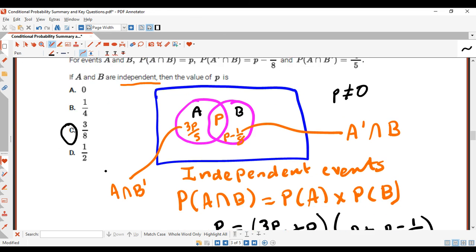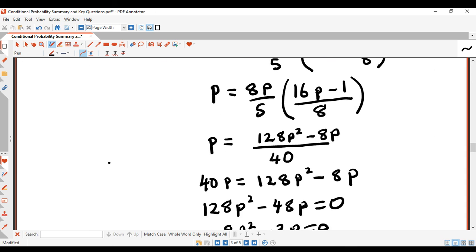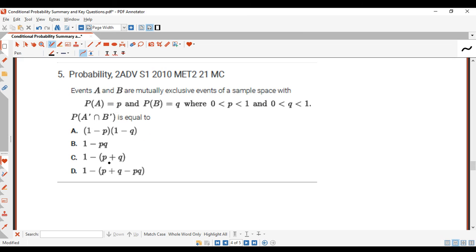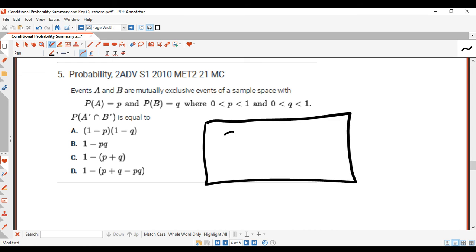Now let's have a look at the next question. So make sure all that's written down. Question 5 is next. Now for question 5, we're going to draw a picture again. This time it does say they're mutually exclusive events, so I would be tempted to straight away just get an idea of what's happening.